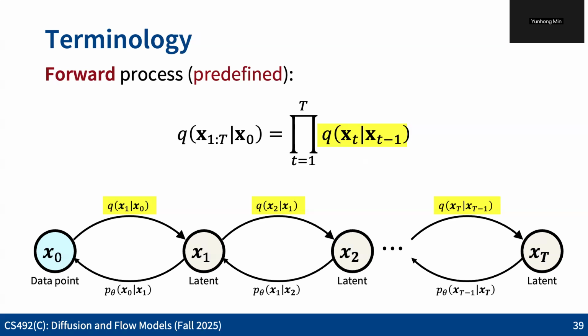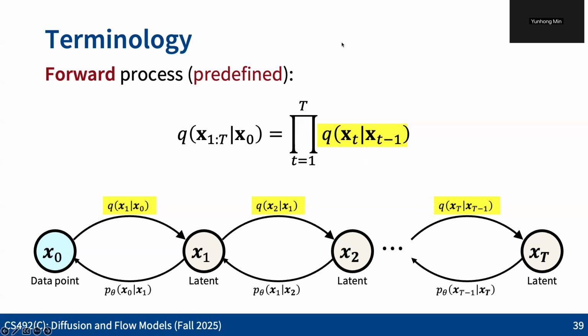We call this process the forward process. The reason we call it the forward process is that it is the process we call diffusion, like adding noise. That's the main thing.